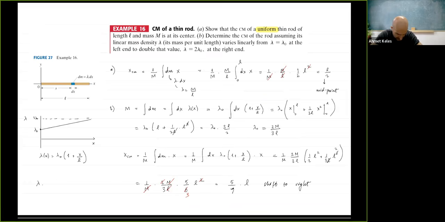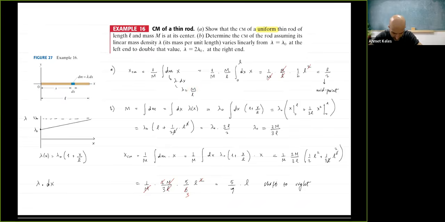But here the length is dx, right? So I said dm, this infinitesimal mass, is infinitesimal length times the density at that point. But the density at that point was uniform in part A. So I put m over L for density.